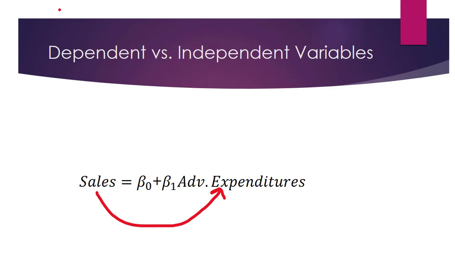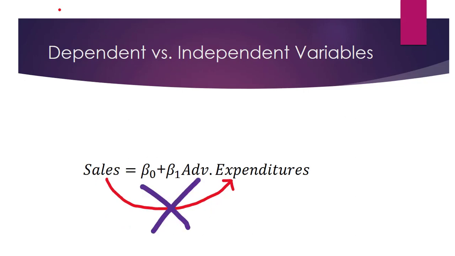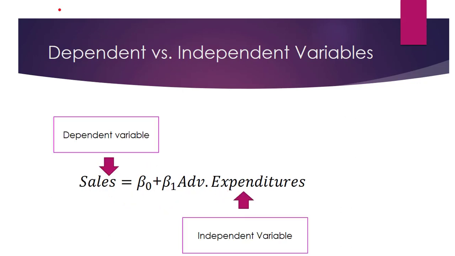The more sales a firm has, the more the firm is willing to spend money on advertising. This to me does not make sense. If a firm has high sales, why would this firm like to spend money on advertising? Sales are the dependent variable as its values change according to advertising expenditures, and advertising expenditures are the independent variable as its values are independent to changes in sales.